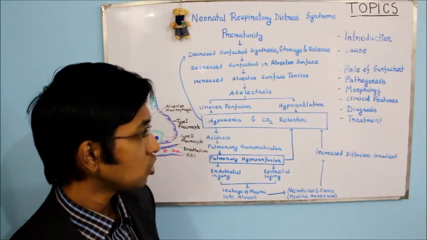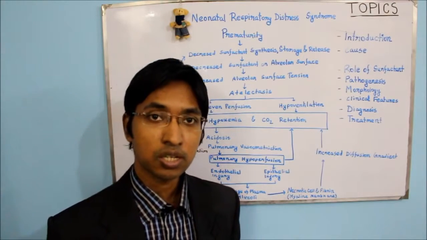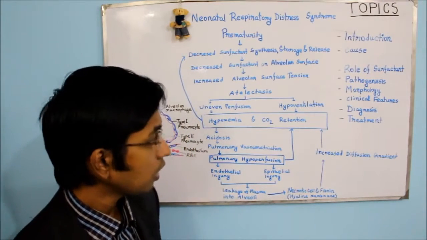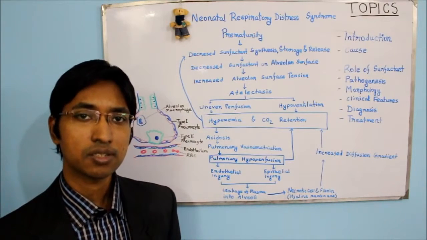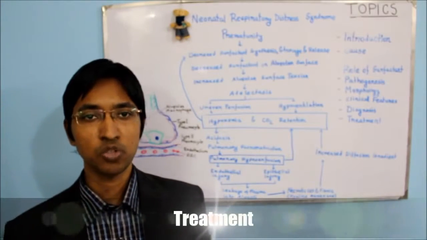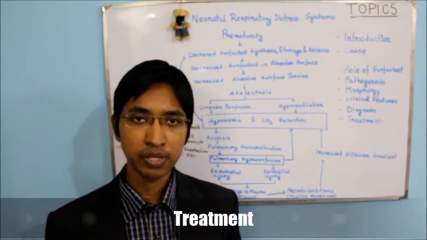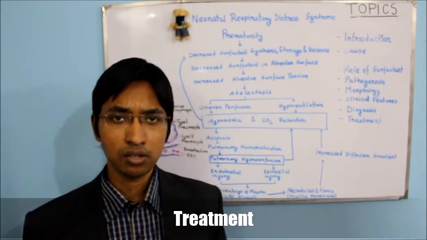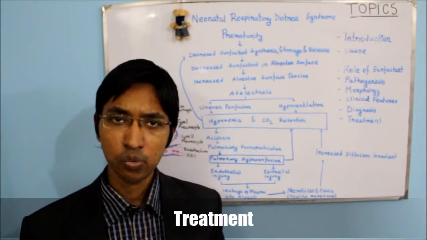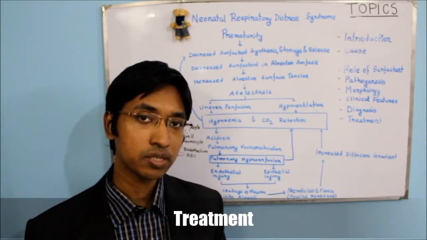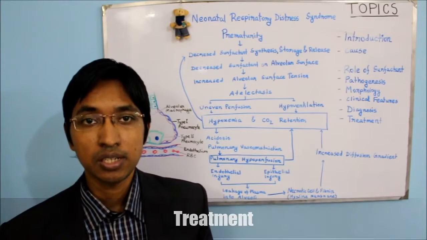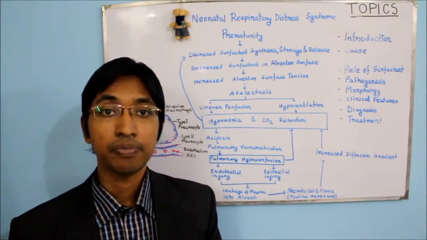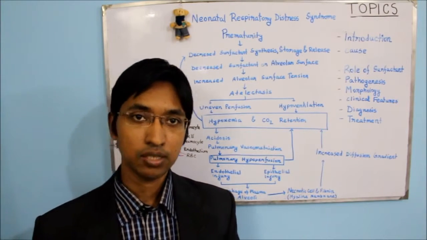So these were in short the diagnostic tools of this disease, and now we will move on and talk about the treatment of this disease. Initial treatment will include oxygen therapy and nasal continuous positive airway pressure to keep the airways open. The most effective treatment is by administering exogenous surfactant.